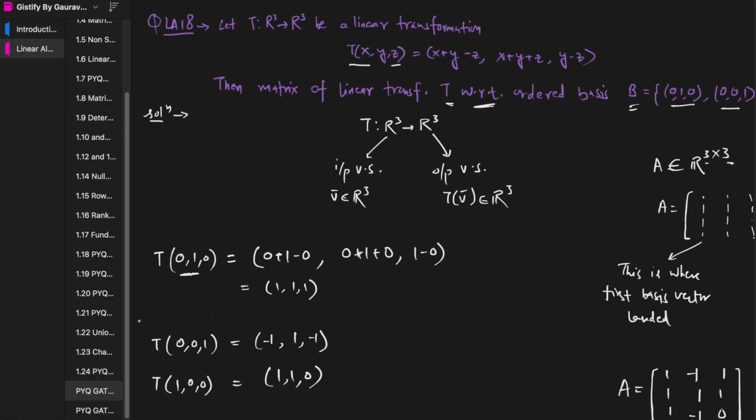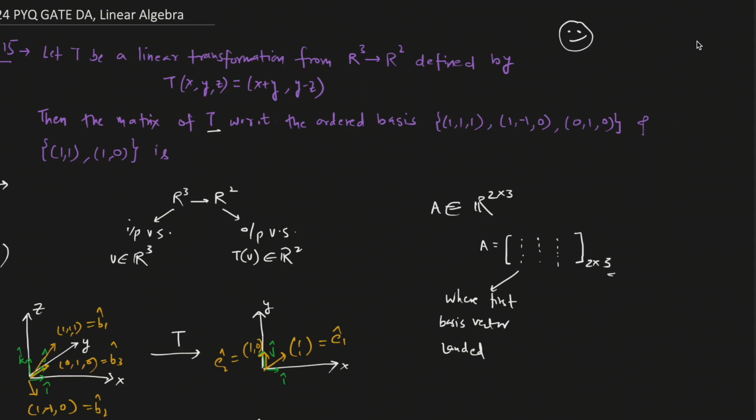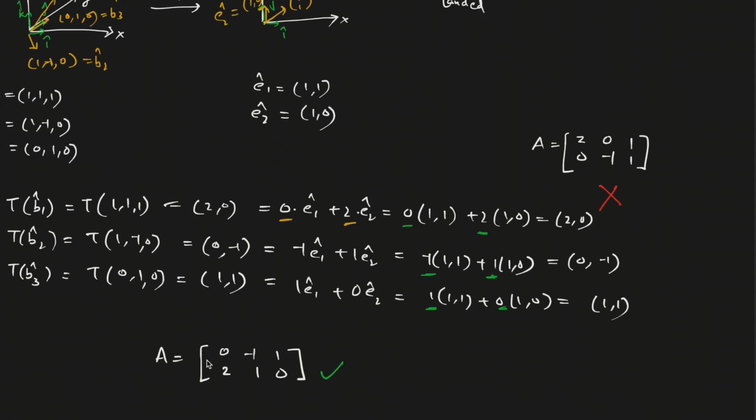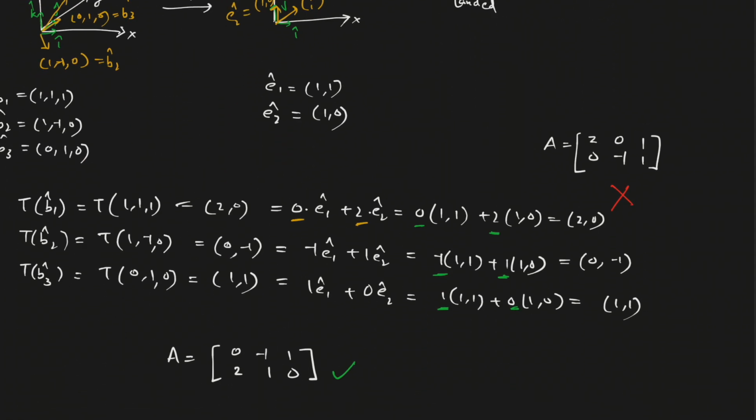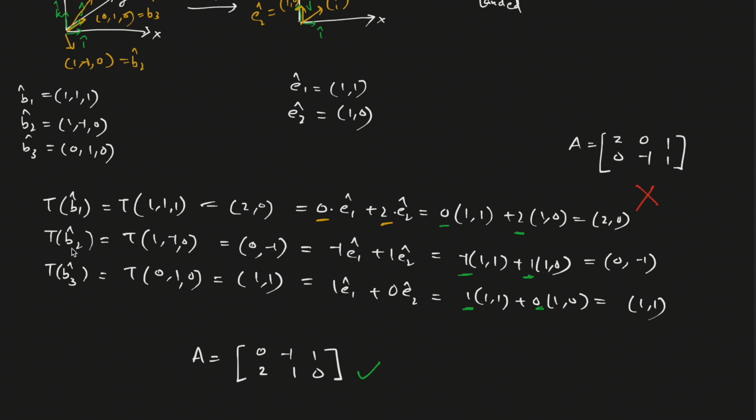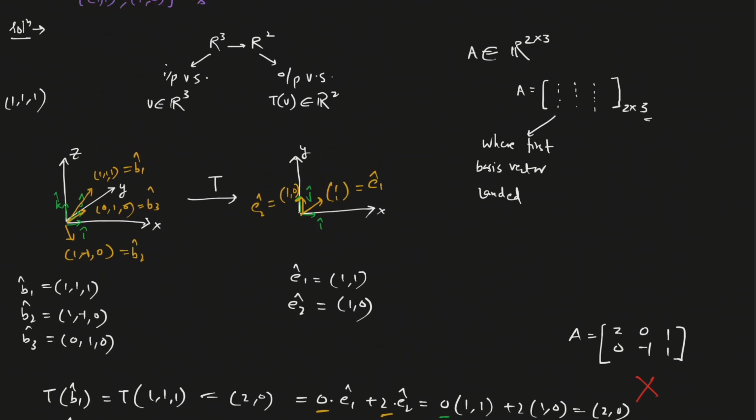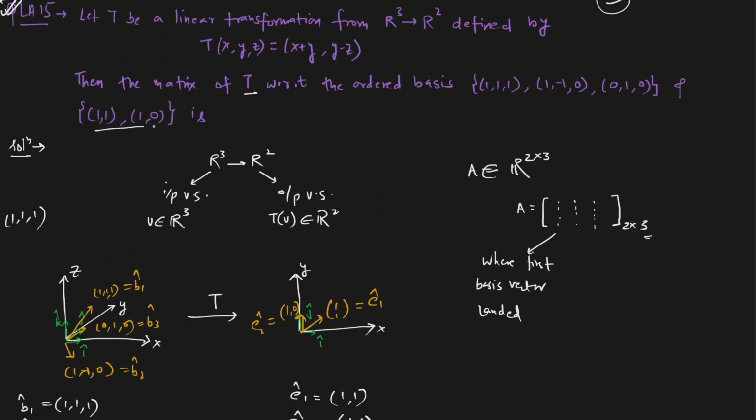If you have seen my last video, I did the same thing there. This was our first basis vector b1 hat, b2 hat, and b3 hat. I transformed it and got this, and then I wrote this 2 comma 0, the transformed basis vector, with respect to this basis set, which is the output vector space basis set.